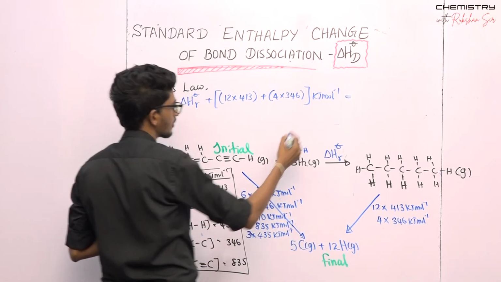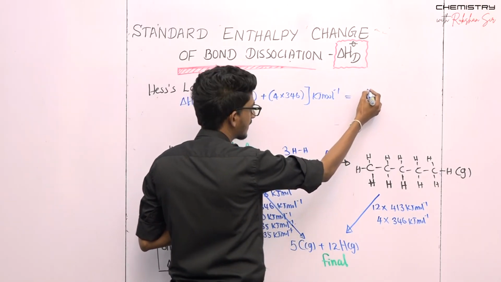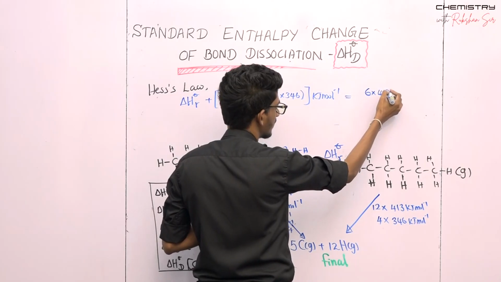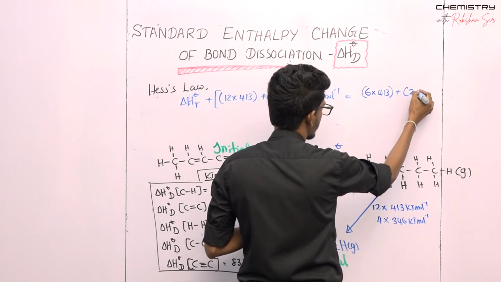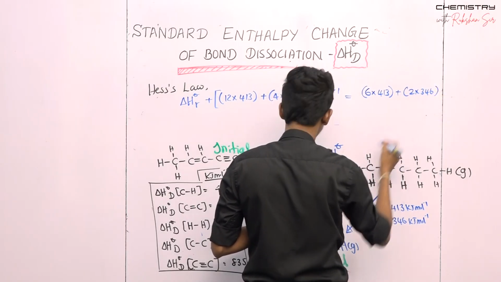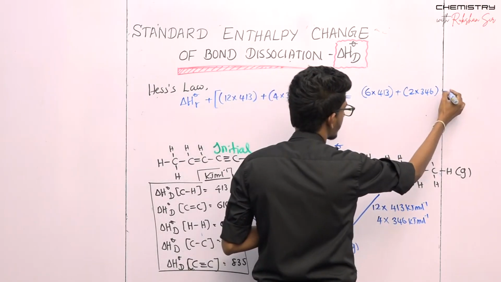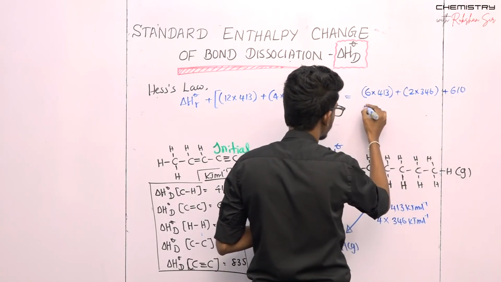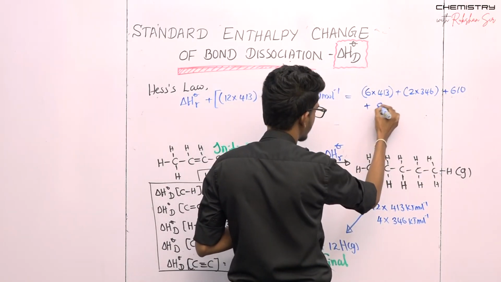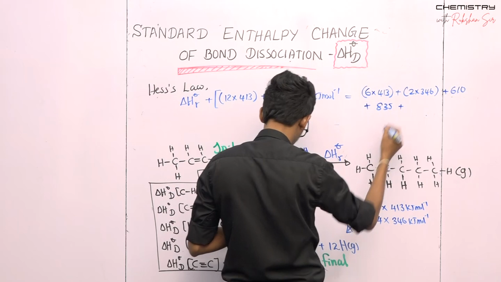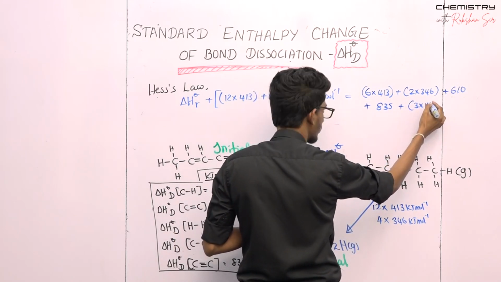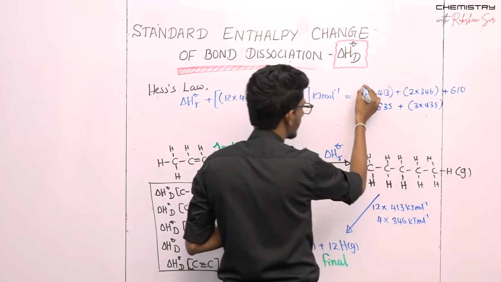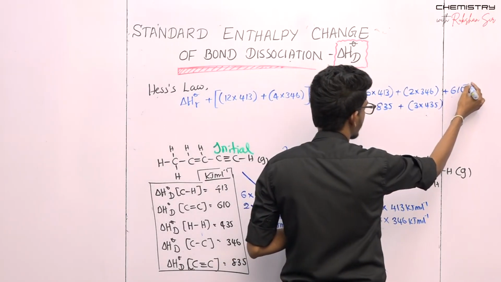So it equals 6 into 413 plus 2 into 346 plus 610 plus 835 plus 3 into 435. This is the total enthalpy change of the second route.